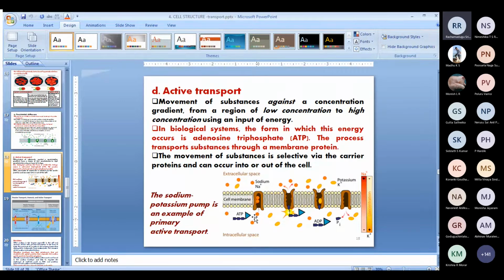It's a protein which transports sodium from inside the cell to the outside, and at the same time transports 2 potassium ions from outside to inside. This happens with the help of ATP. Understood? This is active transport. Now let me show you a video which clearly explains how this sodium potassium pump works.